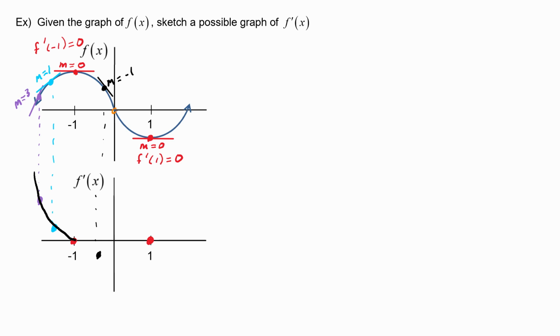Now right here at x equals 0, the tangent line looks like it's going to be the steepest negative value, because after this it's still negative, but it's getting closer and closer to 0. So if we called this -1, I suppose we'd call this -2, or we could call it -3.